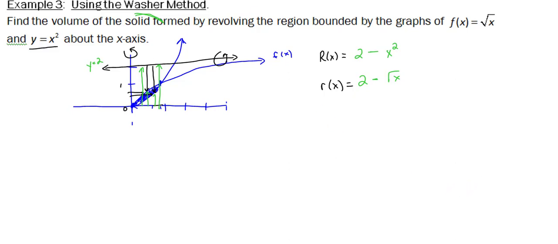Now let's use our formula. Pi from 0 to 1, outer radius, 2 minus x squared, squared, minus inner radius, 2 minus square root x, squared, dx.